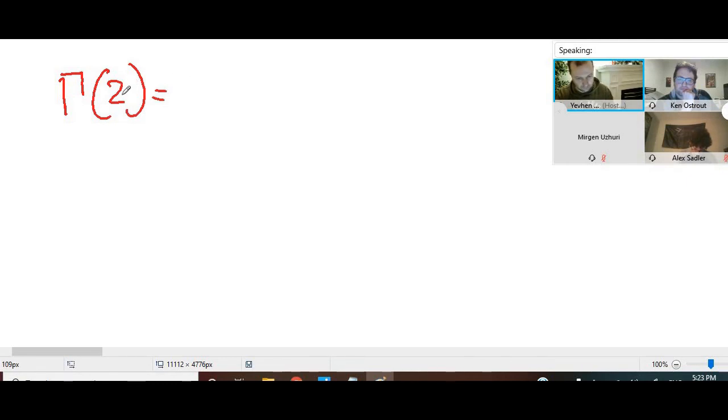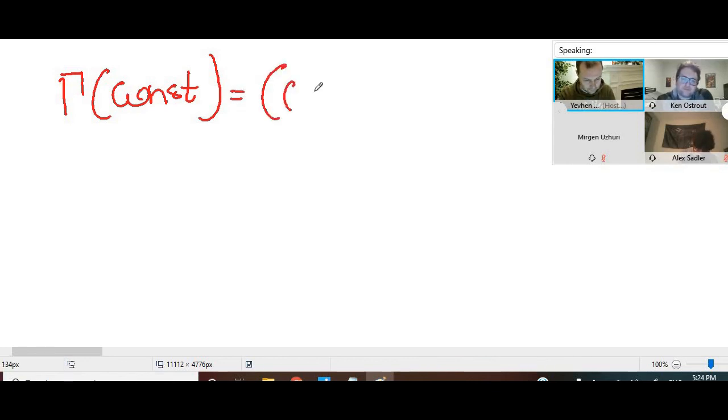Let me give you the generic formula. Gamma of a constant, and it doesn't have to be an integer, gamma of a constant is going to be constant minus 1 factorial. Can we get behind that formula? Am I making any sense?